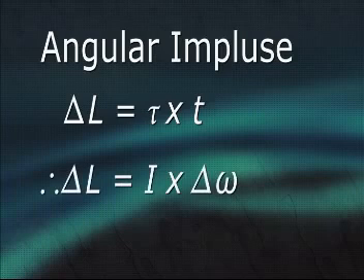Therefore, it is also equivalent to the product of the moment of inertia and the change in angular velocity. Please make a note of this, students, because it will be useful in future lessons.